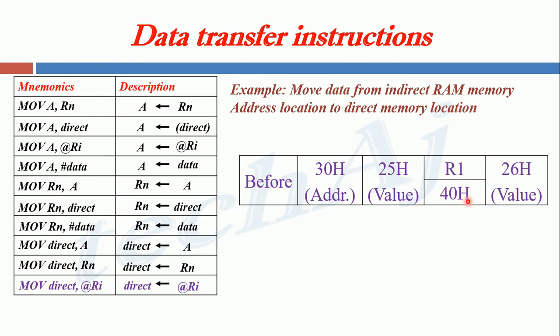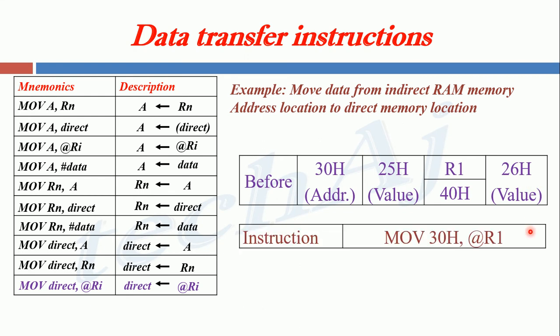At this address, we have the value 26H. So if we execute the instruction MOV 30H, @R1, this will copy the data pointed by R1 into the address location 30H. So this 26H is copied into the 30H address location.